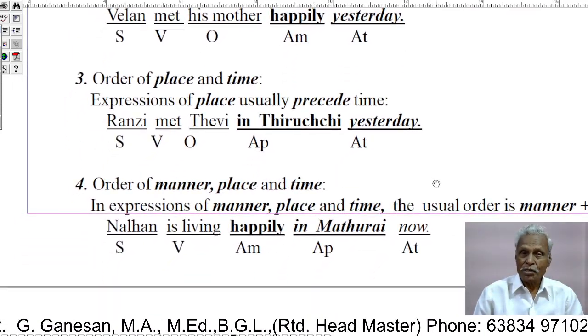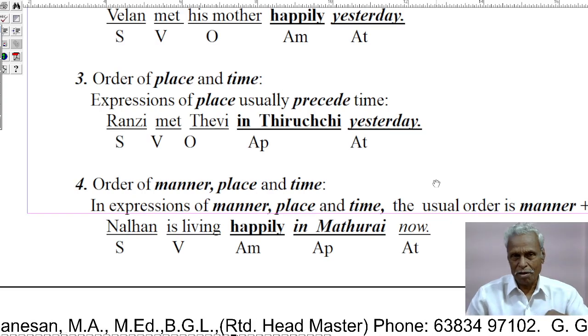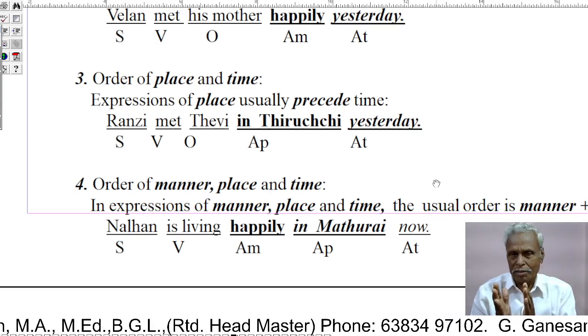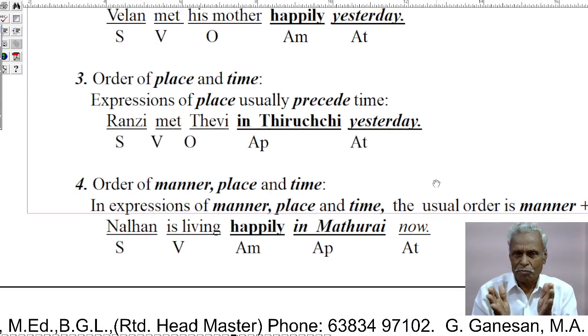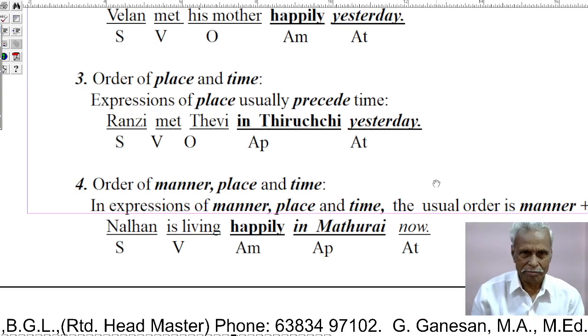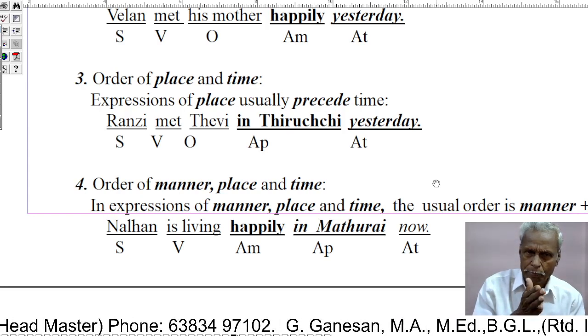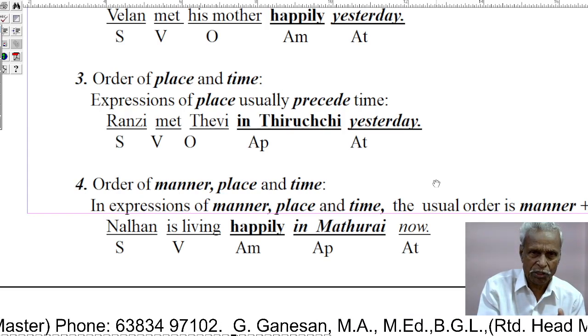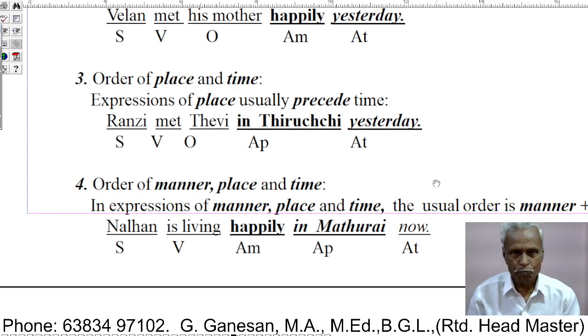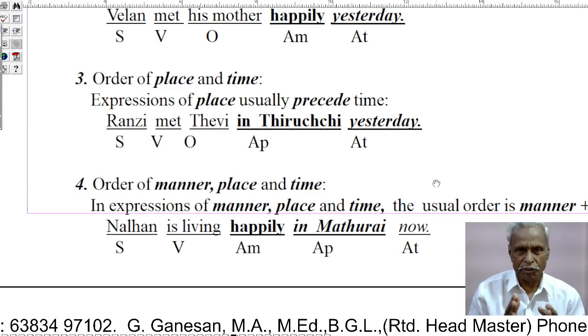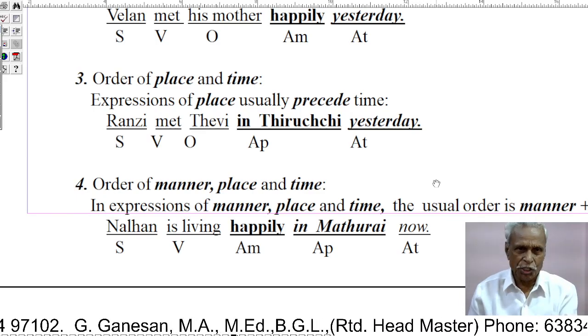Then the order of place and time. Thirdly, when place and time come side by side, how should they be placed? Place should be placed first and time next. Example: Ronnie met Devi in Trichy yesterday.